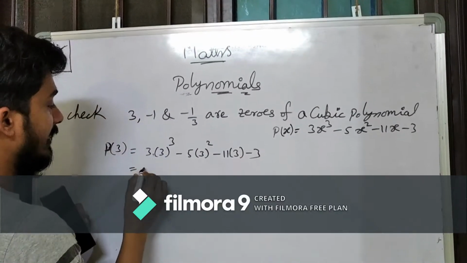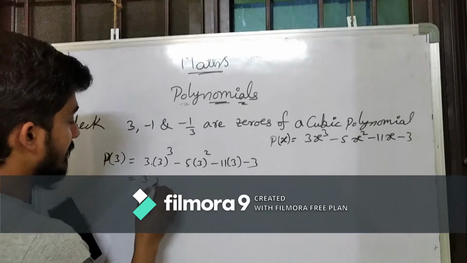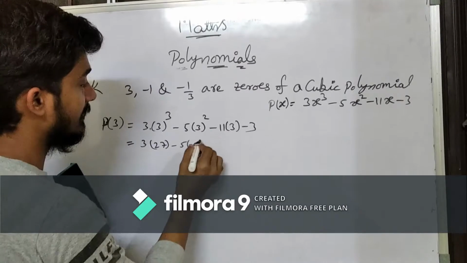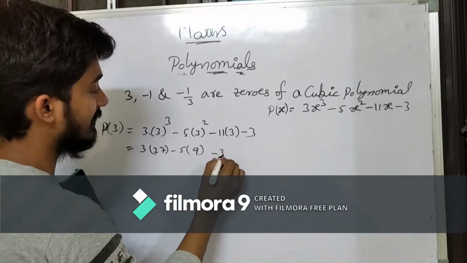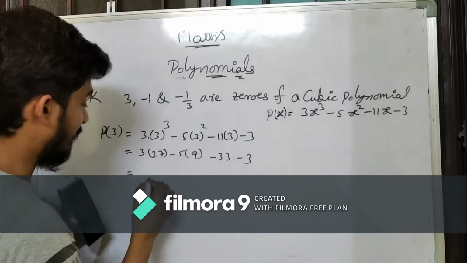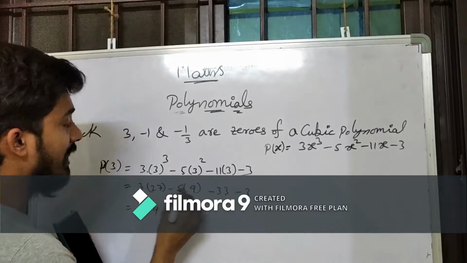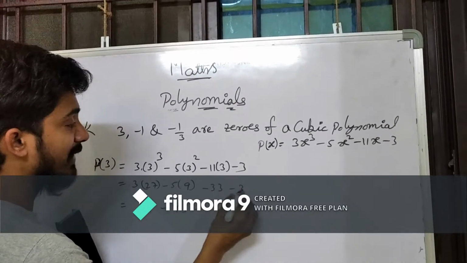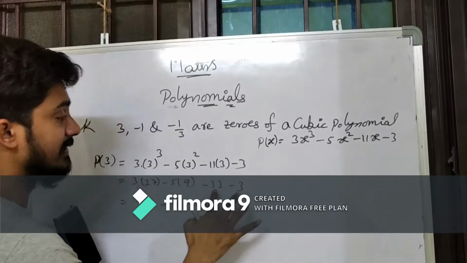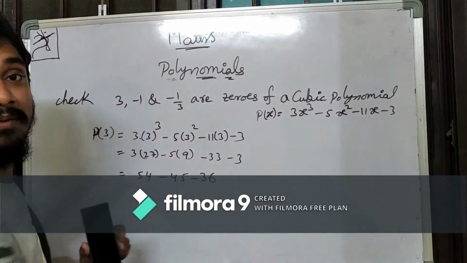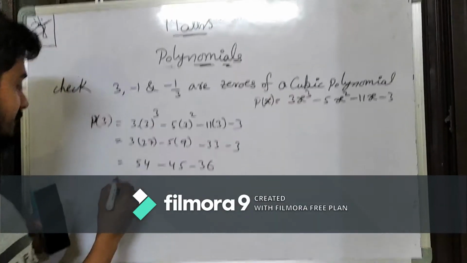It means 3 into 3 cube, whose value is 27, minus 5 into 3 square, whose value is 9, minus 11 into 3, which is 33, minus 3. 3 into 27 is 54, minus 5 into 9 is 45, minus 33, minus 3. These are negative numbers. Minus 33 minus 3 means minus 36.